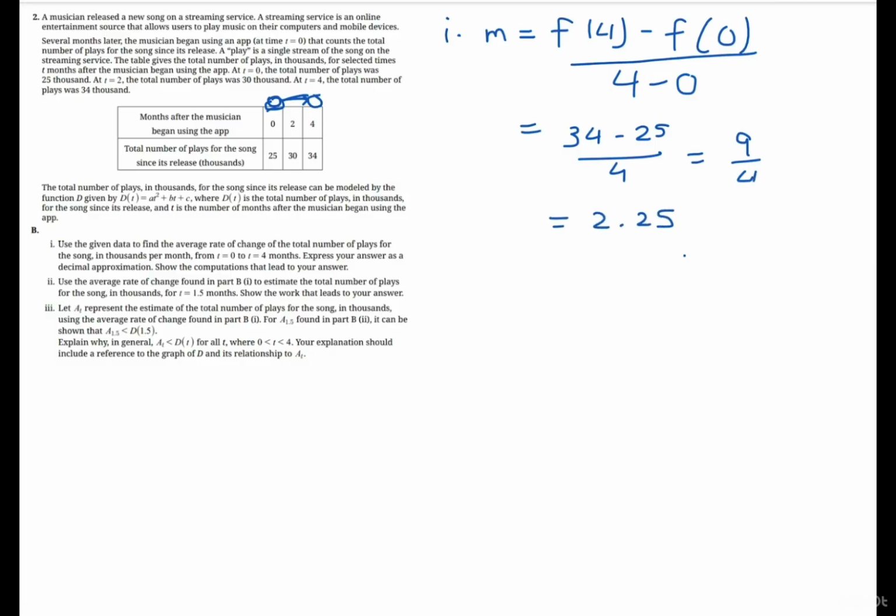So the average rate of change from t equal to 0 to 4 is 2.25. That is all you need for subpart 1.